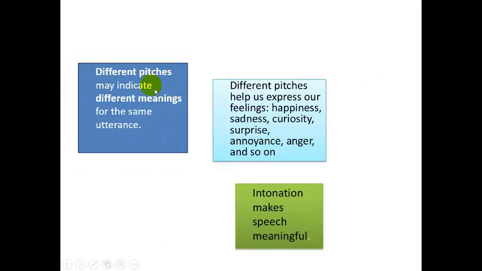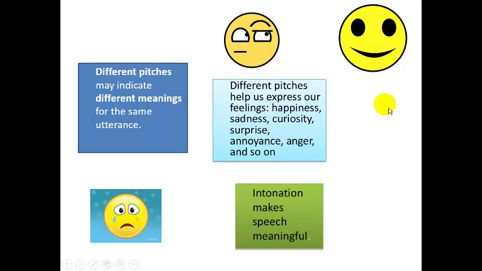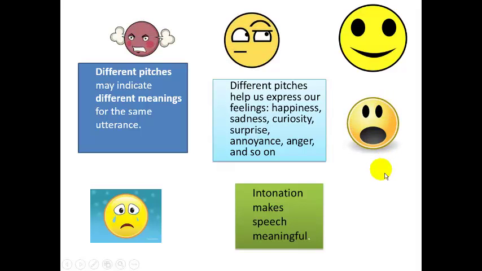Different pitches may indicate different meanings for the same utterance. Different pitches help us express our feelings, such as happiness, sadness, curiosity, surprise, annoyance, anger, and so on. Intonation makes speech meaningful.